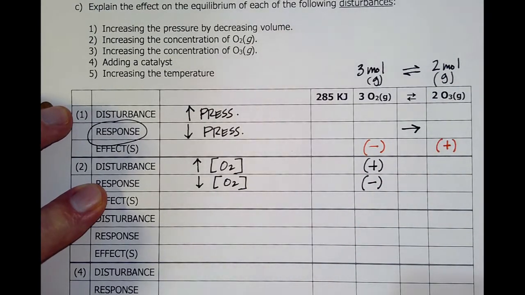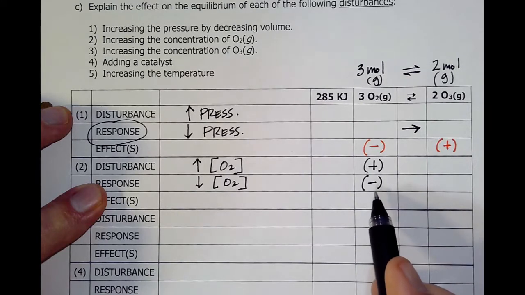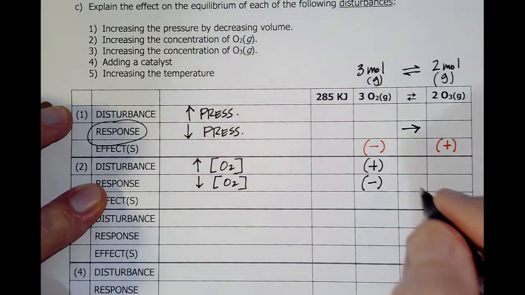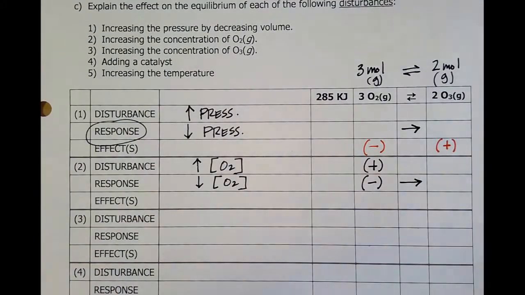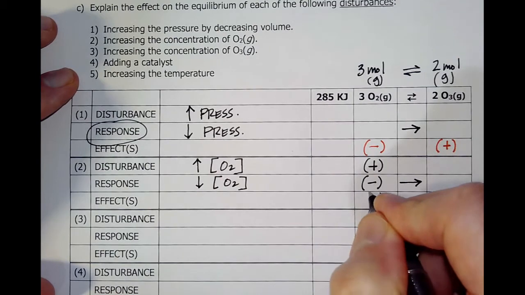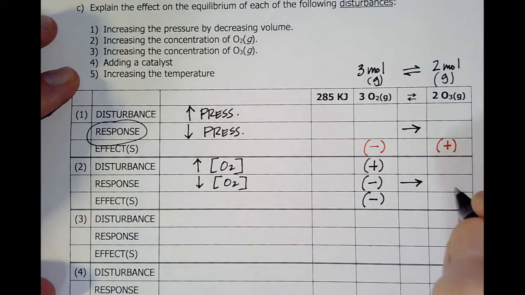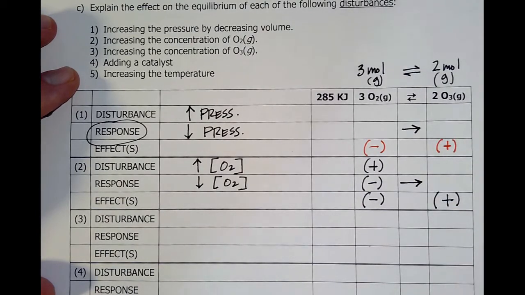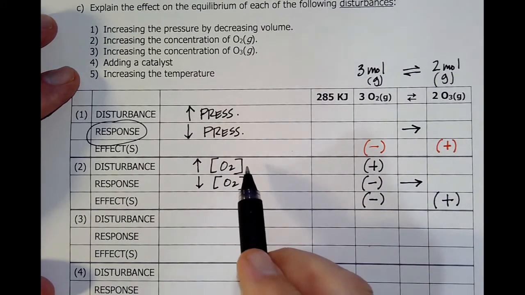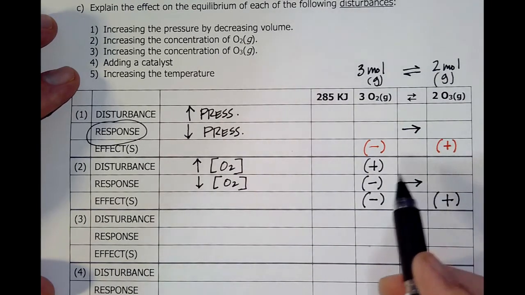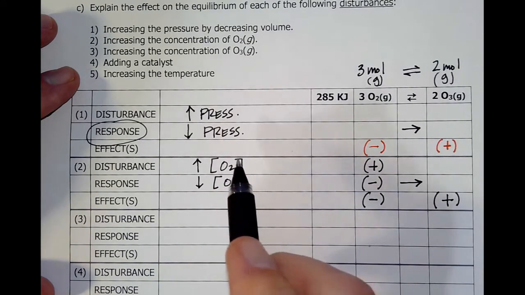Now, does he run the forward reaction to reduce the O2 concentration, or does he run the reverse? Well, he wants to run that reaction. Use up this additional O2. Well, the collateral effect, the O2 gets reduced and the O3 concentration increases. So this is the key thing. What happened? What's the disturbance? What's the response? Does he go right or does he go left to respond to undo that?